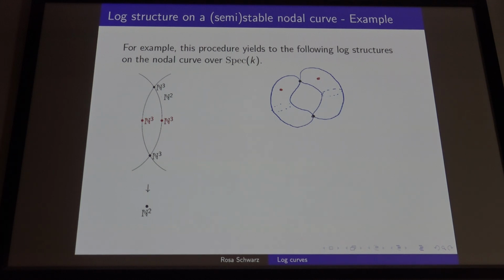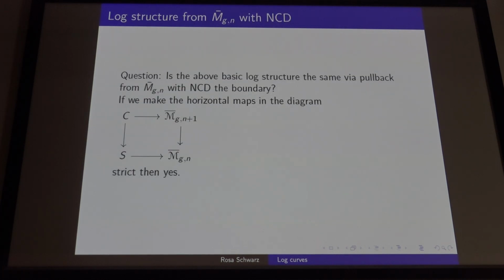Maybe I have a question. These log structures that you're putting on stable marked curves: was the statement that if you map your stable curve into the compactified moduli space, M_{g,n} bar, and M_{g,n+1} bar, the log structure you defined earlier is always just the pullback of this log structure?